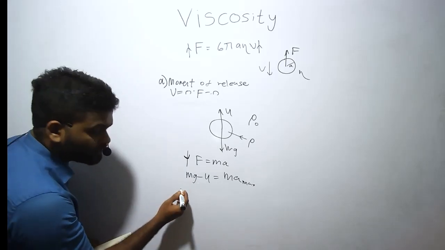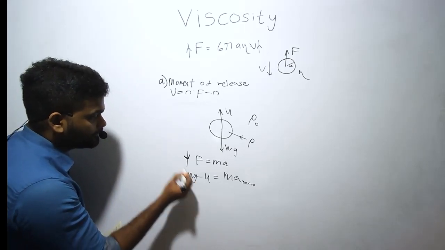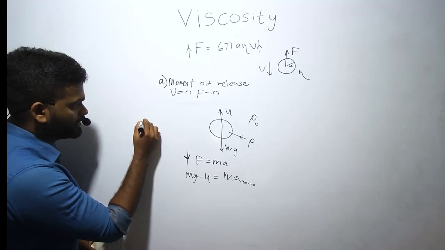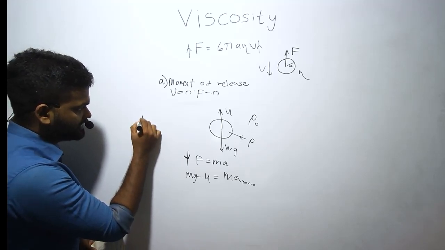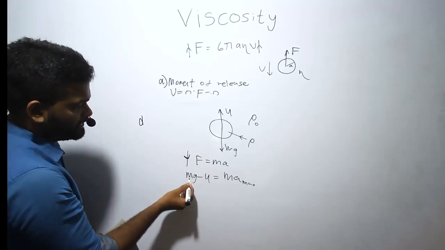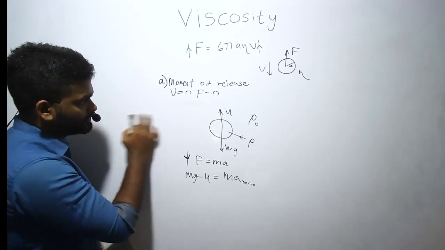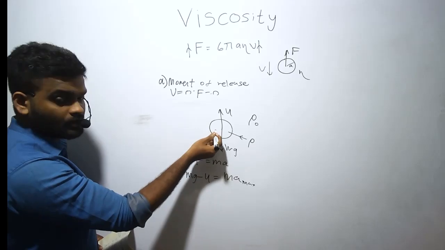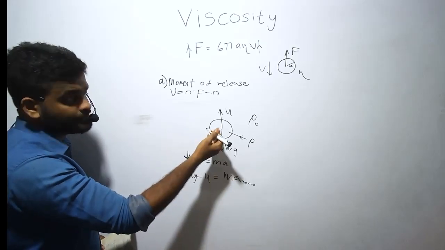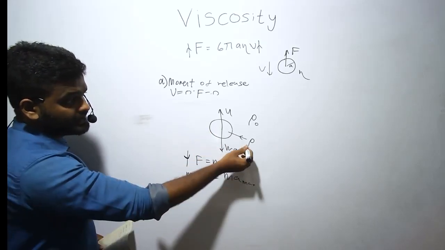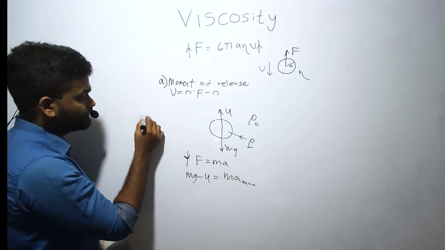Then m means what? This m is the mass of the object. So how can we write that in terms of density? The density of the object is rho.